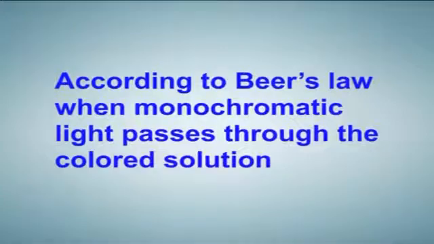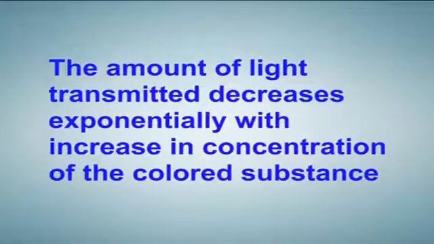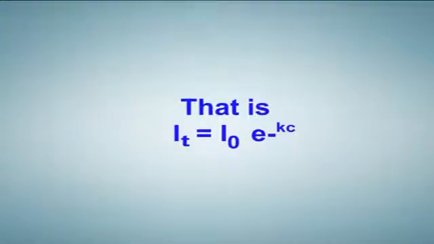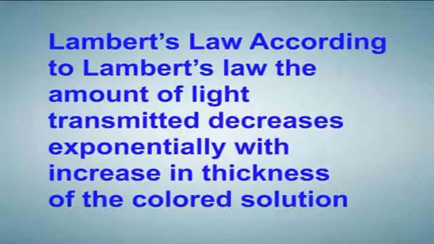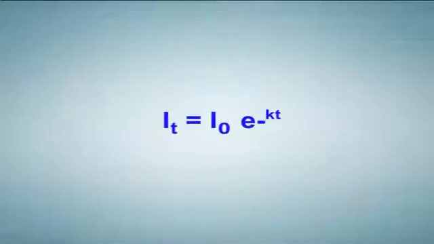Beer-Lambert's law. According to Beer's law, when monochromatic light passes through a colored solution, the amount of light transmitted decreases exponentially with the increase in the concentration of colored substance. That is, I_t = I_0 e^(-kc). Lambert's law. According to Lambert's law, the amount of light transmitted decreases exponentially with increased thickness of the colored solution: I_t = I_0 e^(-kt).